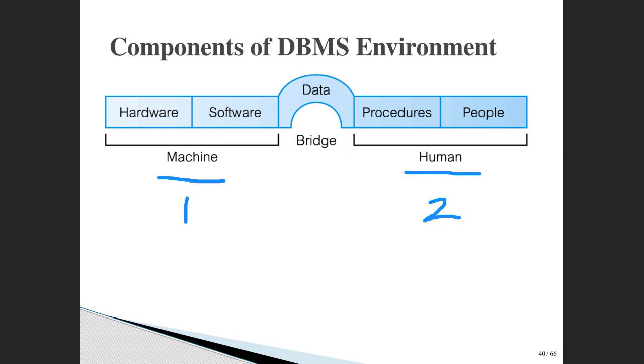All these are steps, so these are procedures. In the middle, there will be a bridge that links both human and machine, and that is data. Data will be the most important part of the database management system environment components.